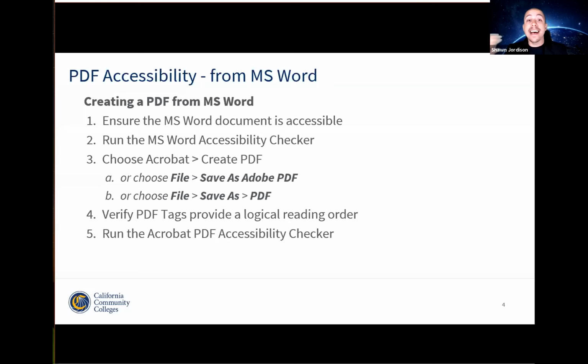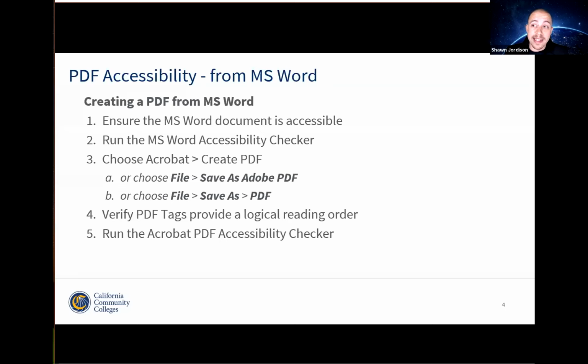You will have to spend less time in Acrobat, the more time you can spend in Word. And this is completely dependent, of course, on the subject matter of what is in the document.